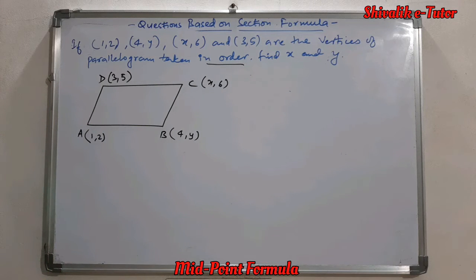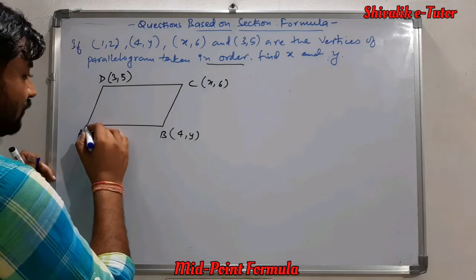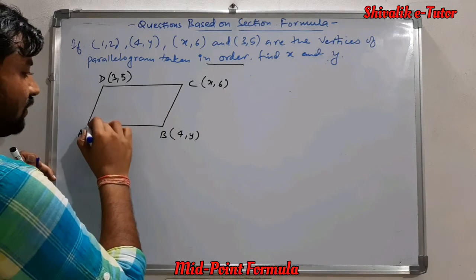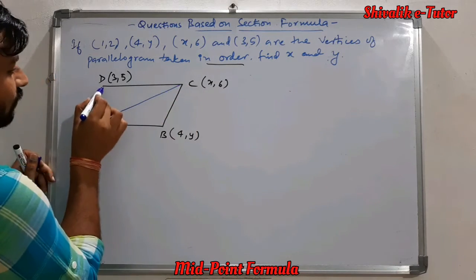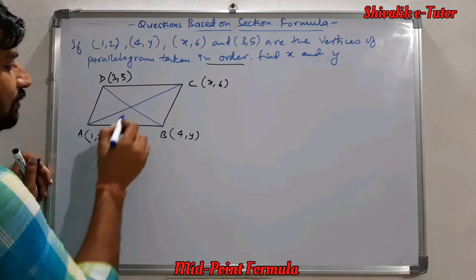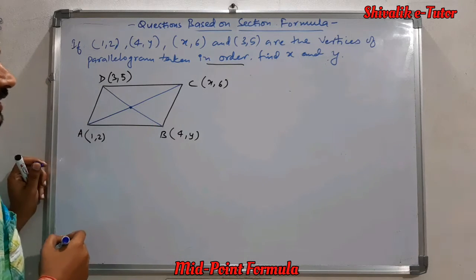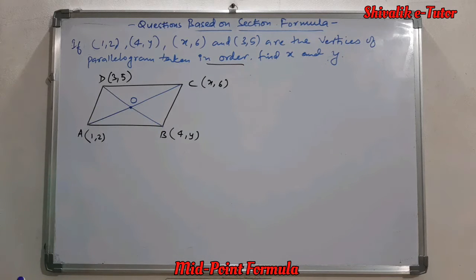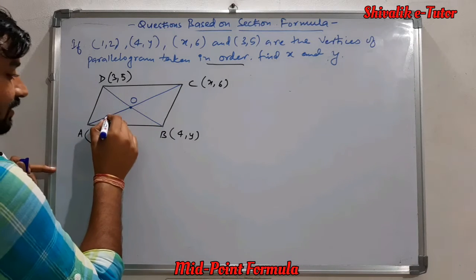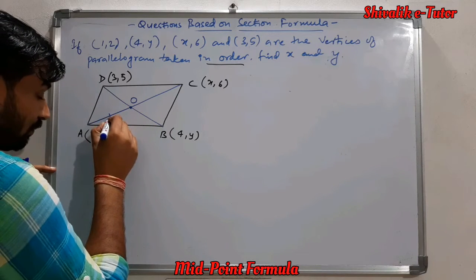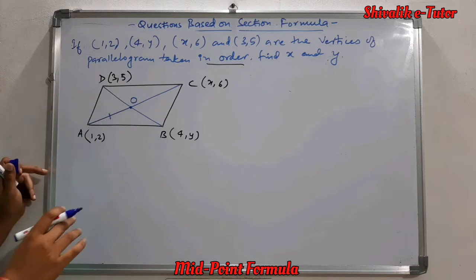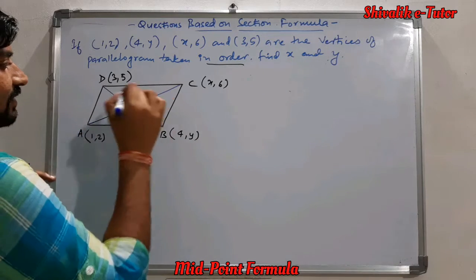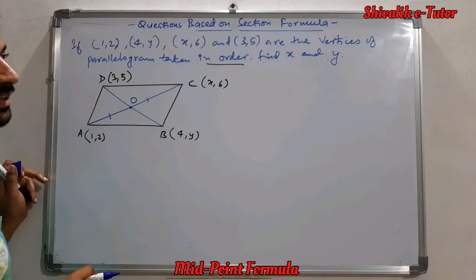Now let me discuss a really important property of parallelograms here. The diagonals of a parallelogram, which according to this question are AC and BD, intersect at a point. Let us call it O, and the property is that the point of intersection divides the diagonals in the same ratio.